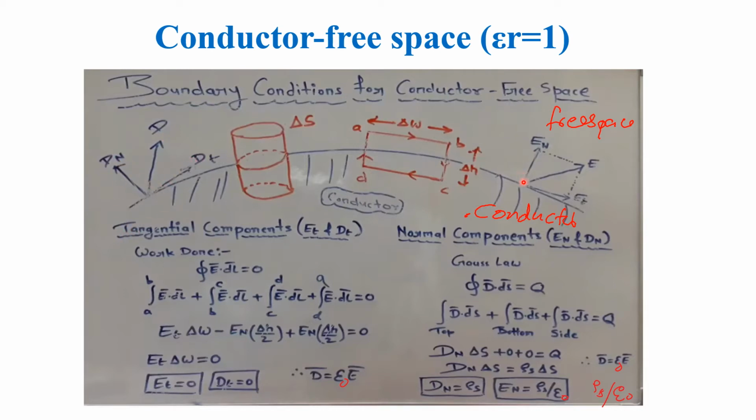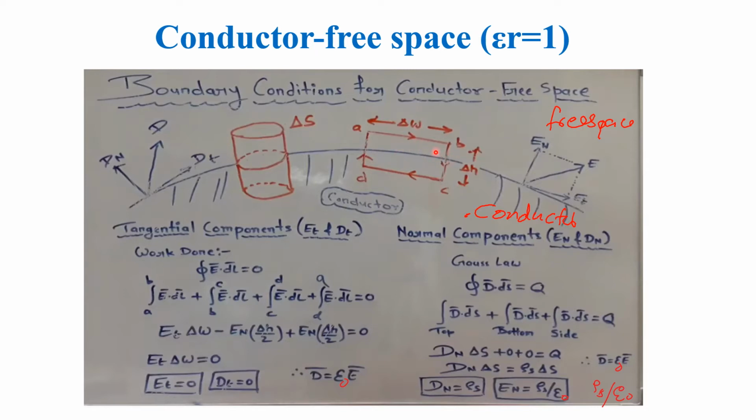First, let us derive the boundary condition for the tangential components of E and D. For that, first consider a loop ABCD across the boundary between the conductor and free space.